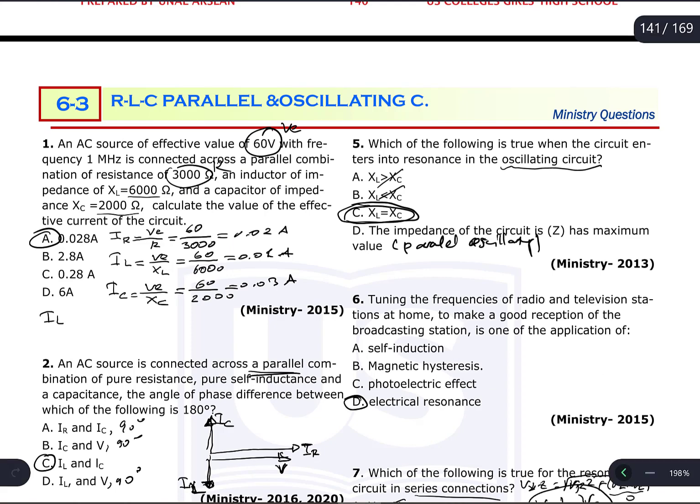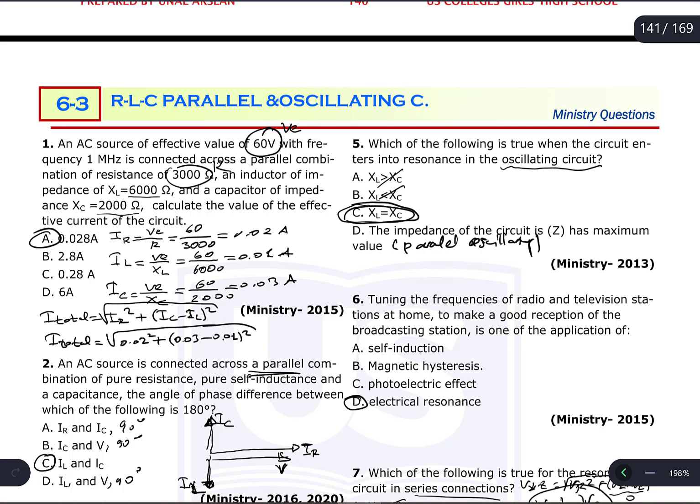Now I can calculate I total by the equation. I total is equal to the square root of IR squared plus (IC minus IL) squared. So I total equals root of IR, which is 0.02, squared, plus IC, which is 0.03, minus IL, which is 0.01, squared.